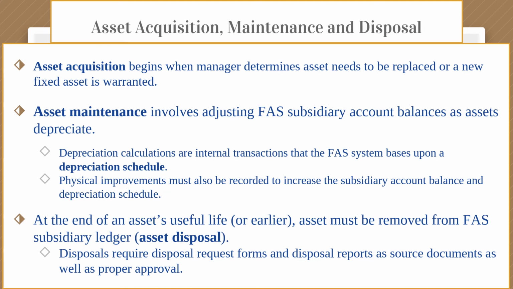Disposals require forms and disposal reports as source documents as well as proper approval, because disposal of assets is one of the management fraudulent practices. They can sell the assets where they are still useful, and the company can get the benefit, just to commit a fraud.